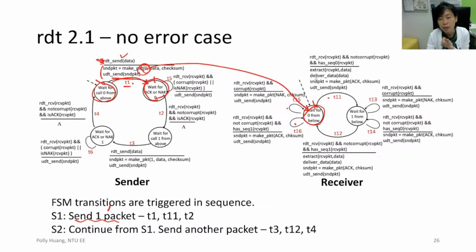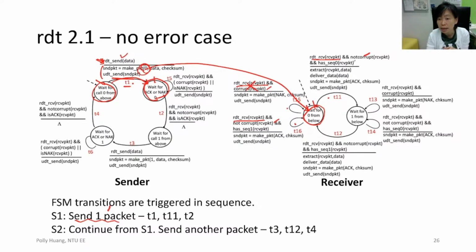Now, the event is, yeah, we receive a packet, definitely. So all transitions are triggered by receiving a packet. But exactly which one is triggered depends on checking whether the packet is corrupted or not. And we're assuming no error, so this one is not possible.